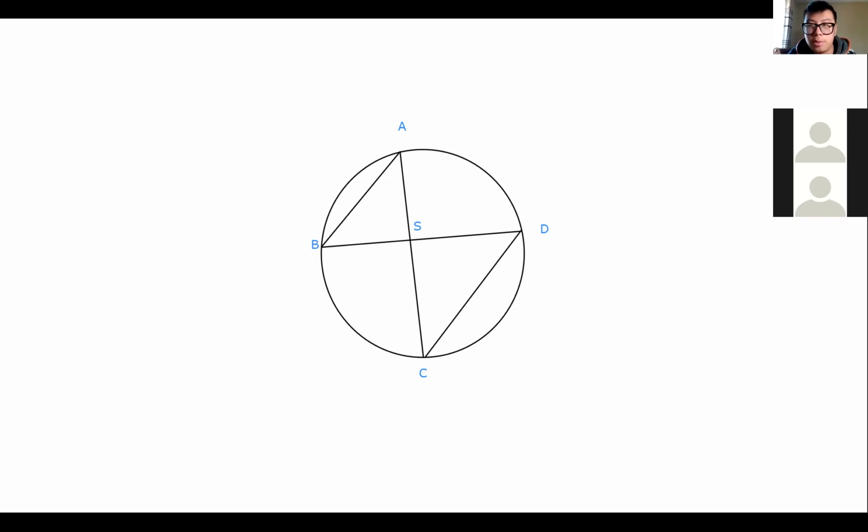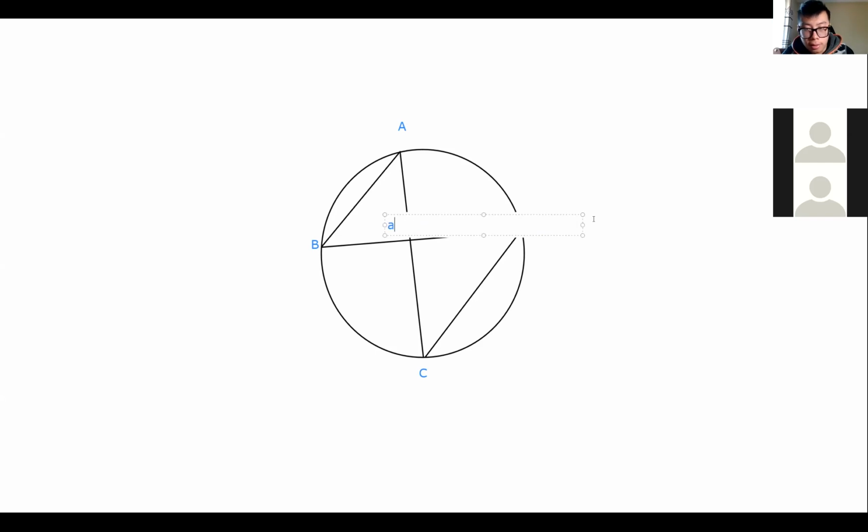What we want to prove right now is that their angles are equal to each other, and the angles have to correspond to their specific angles. So we need to compare their angles.